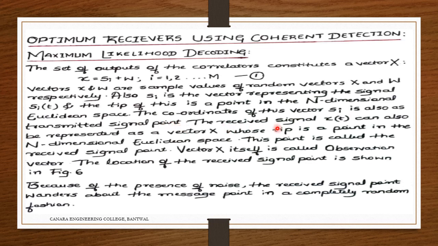The received signal x of t can also be represented as a vector capital X whose tip is a point in the n-dimensional Euclidean space. This point is called the received signal point. Vector capital X itself is called the observation vector.